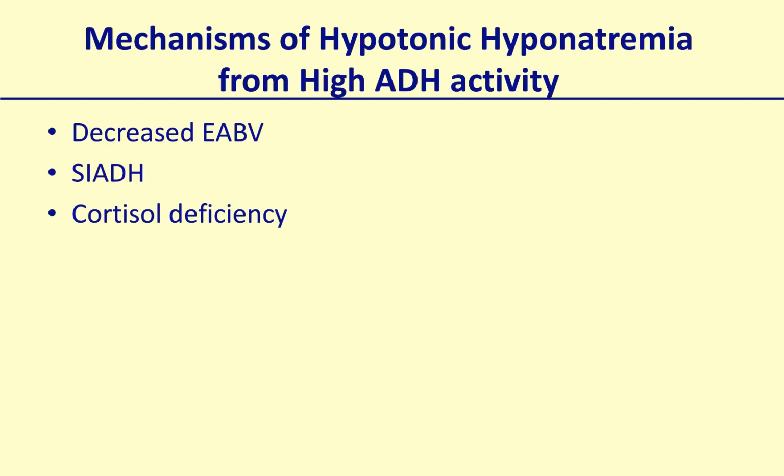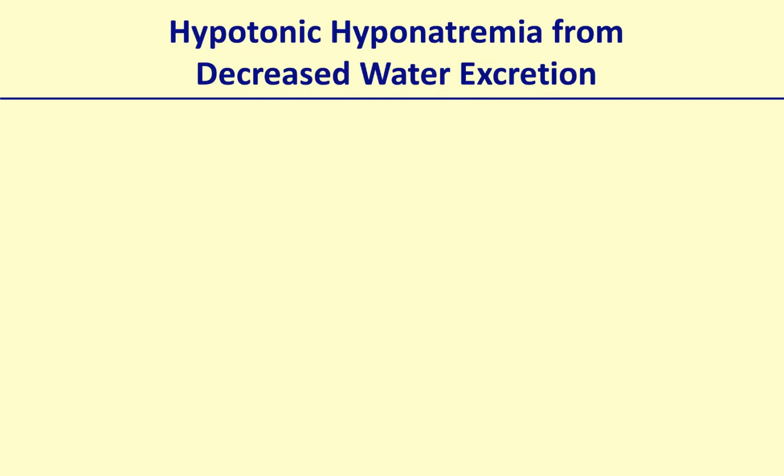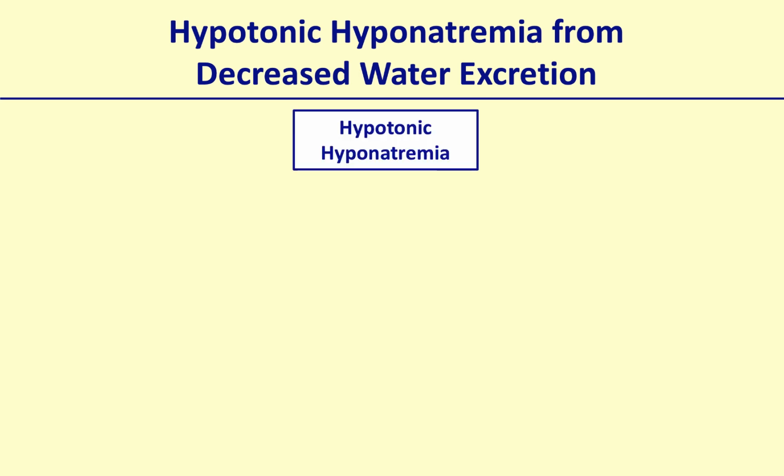Now, just to review what we have already talked about, there are three main mechanisms by which hyponatremia from high ADH can occur. Number one, decreased effective arterial blood volume, and we'll review this in lecture number 4. And in this lecture, we're reviewing the two other mechanisms, which are SIADH and cortisol deficiency. Those are the three main mechanisms. So, reviewing everything together, hypotonic hyponatremia is always a free water excess problem, and there are two reasons for this.